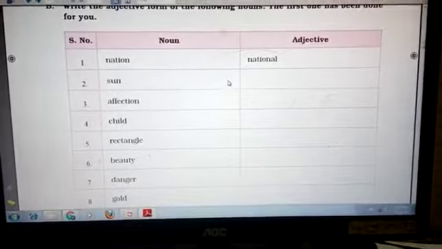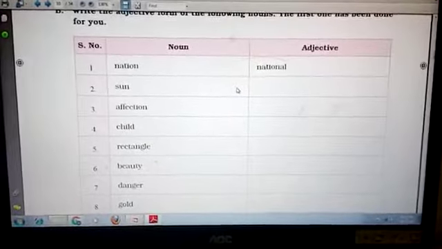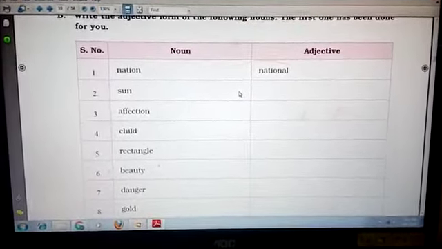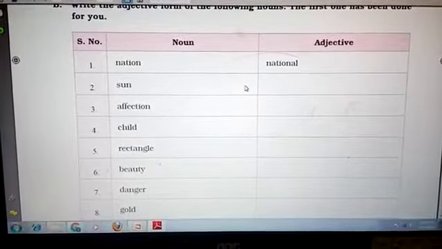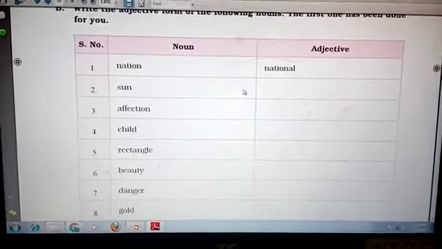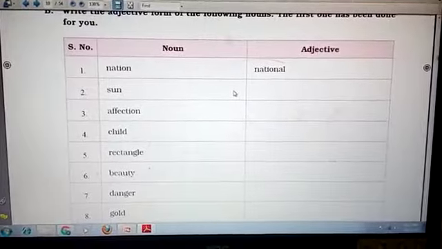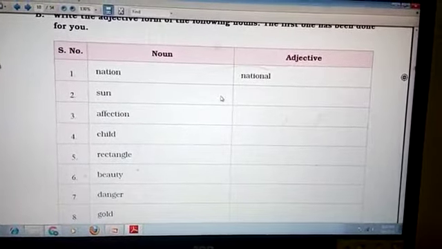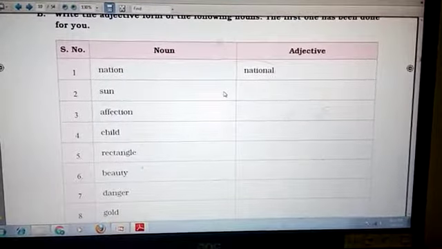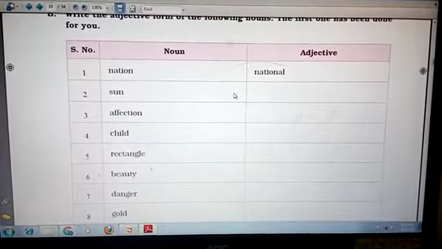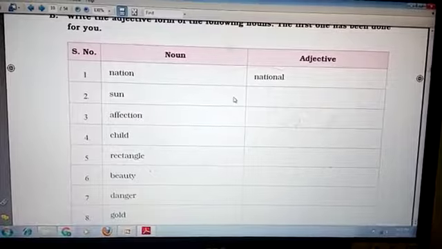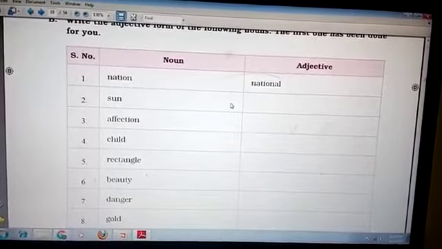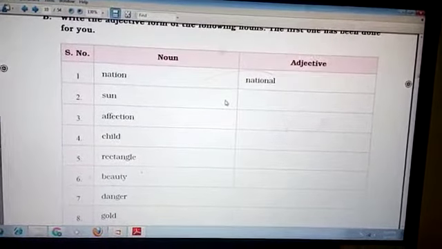How do we change it? By adding suffixes. Sun, what will be the adjective form? Sunny. Sunny day. Day is noun, and sunny describes the quality of the day. Sunny day. Affection. Affectionate.